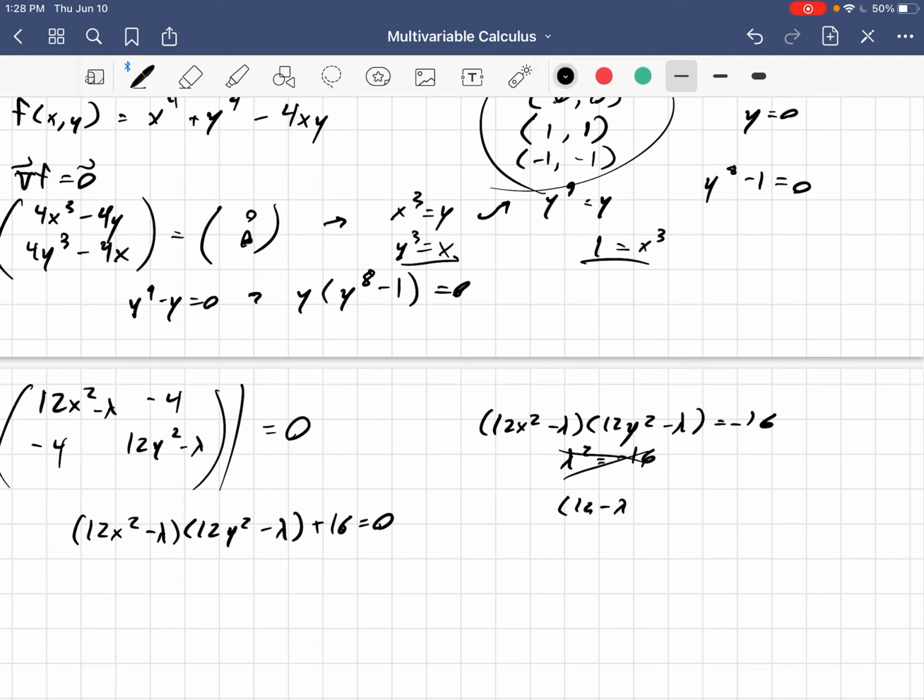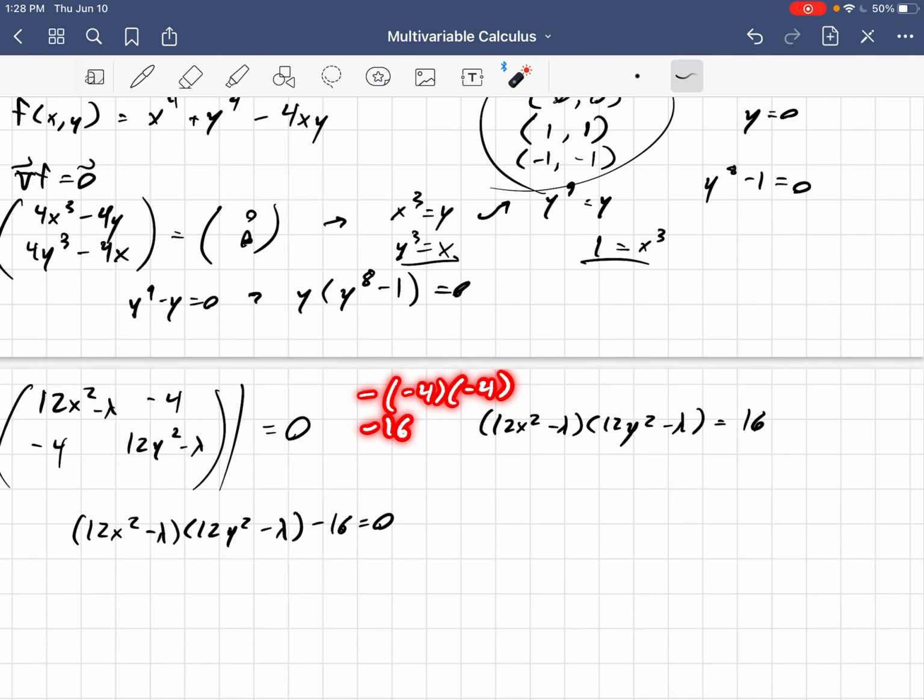Oh gosh, I'm sorry, I messed up. Because this is a minus, it should have been a minus 16 right here, which would have made it a plus 16. The formula for the determinant of a matrix is that minus that, and it was a minus 4 times minus 4, which is still a minus 16.